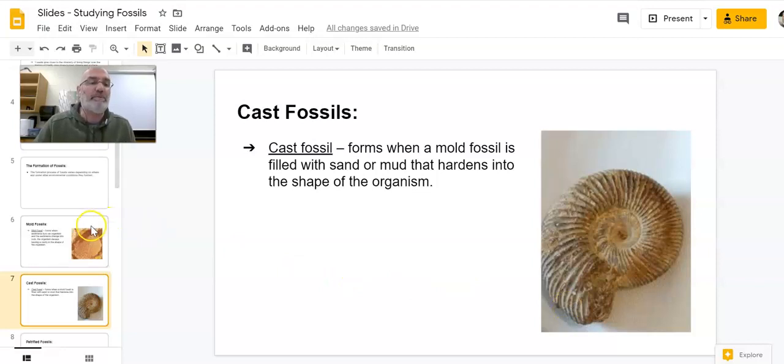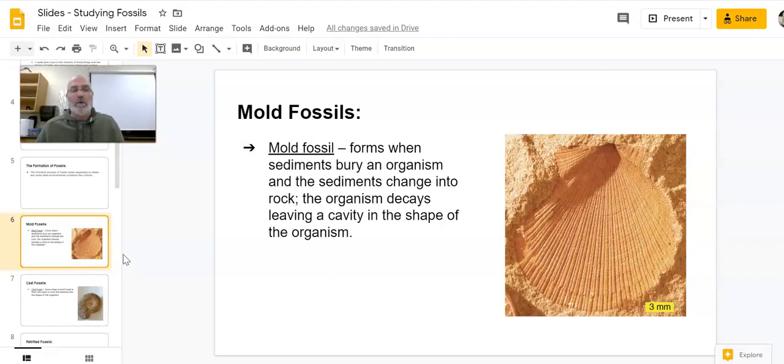And I think that's true for mold fossils too. What we're seeing is what the outside shape of the organism originally looked like. It's an impression or an interpretation or a view as to what the outside structures of an organism looked like. And by the way, that's super helpful to us, right? Because by looking at the structure of individual organisms, we can oftentimes make conclusions about the environment that those organisms lived in.